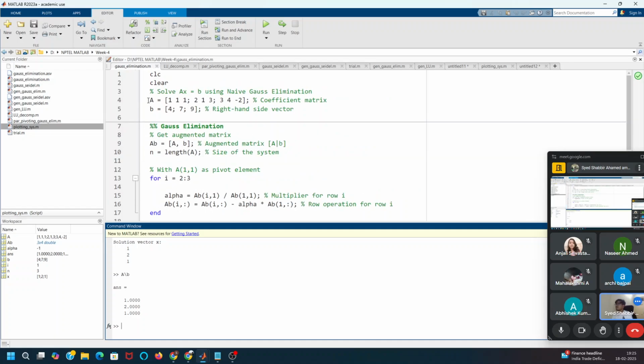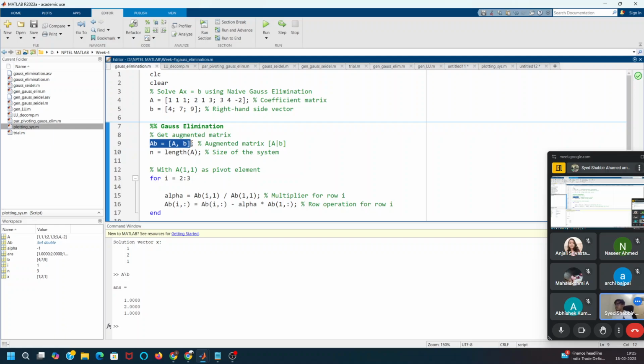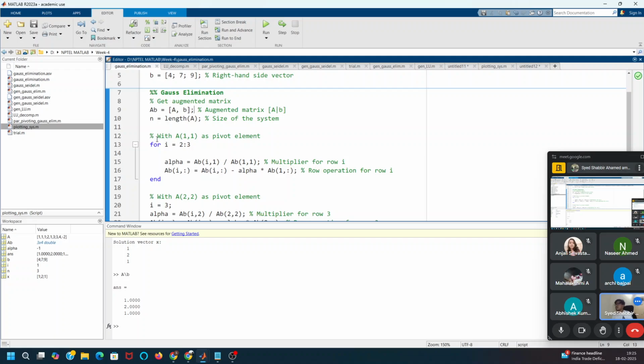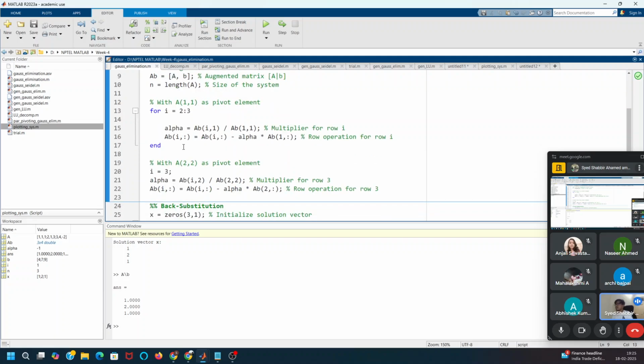First I'm giving this input A and B, both the matrices. One is a matrix and one is a vector, and I am creating the augmented matrix just by adding B as another column. Then I am trying to make all the sub-diagonal elements, below the principal diagonal, zero.